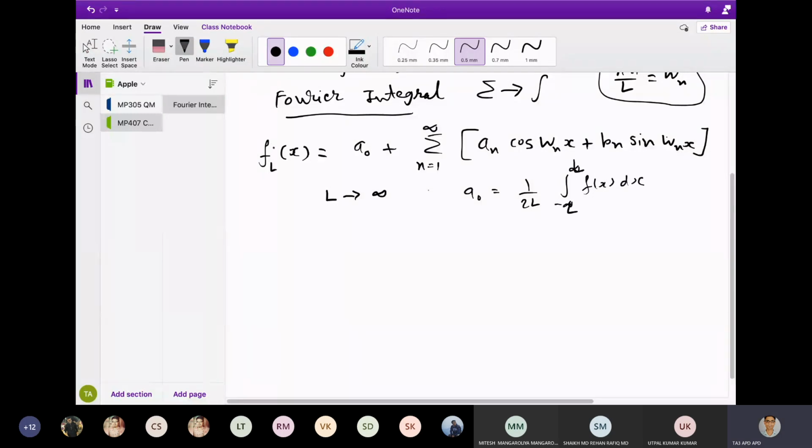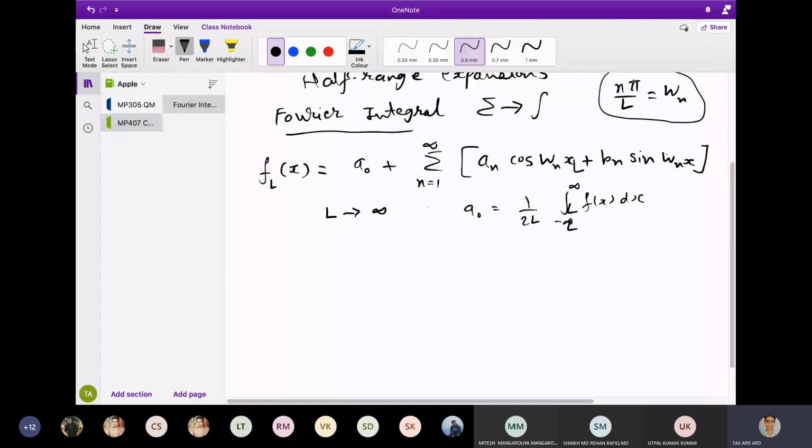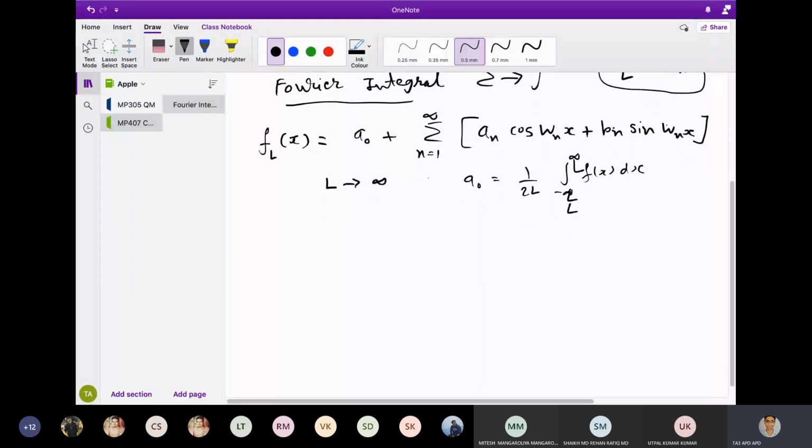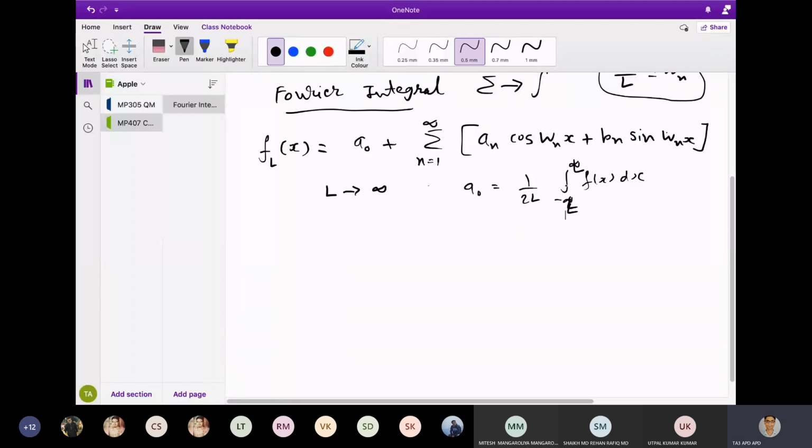But because we are replacing this with a whole new parameter, w n equal to n pi by L, we are going to write down this whole integration in the variable v instead of x.